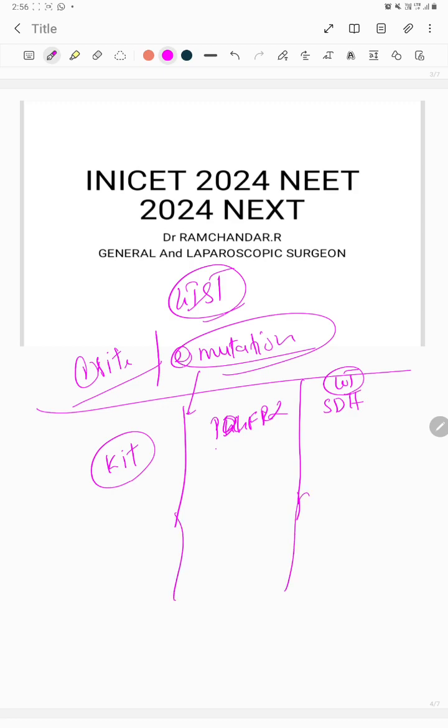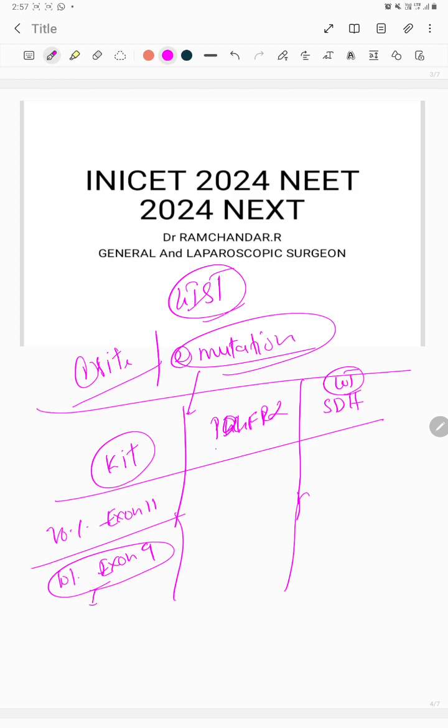Where exactly do the mutations occur in KIT? 70% occur in exon 11, 10% in exon 9, and it is most commonly seen in the small intestine.